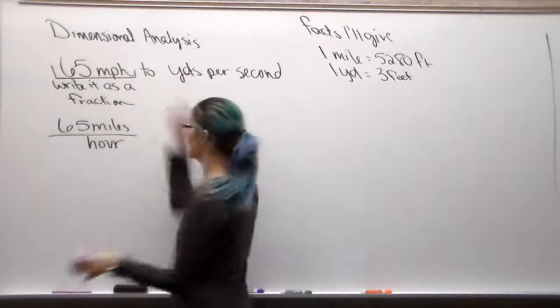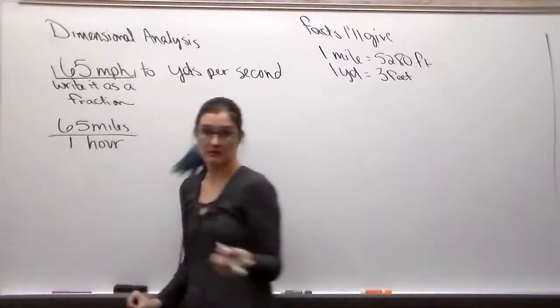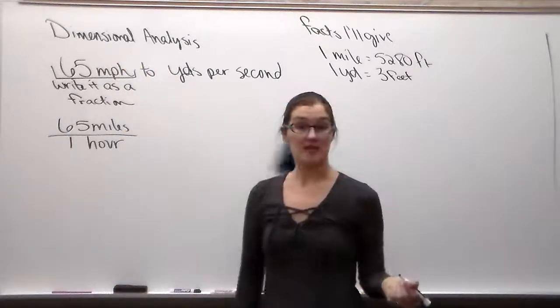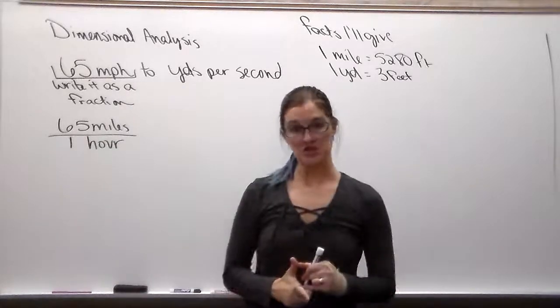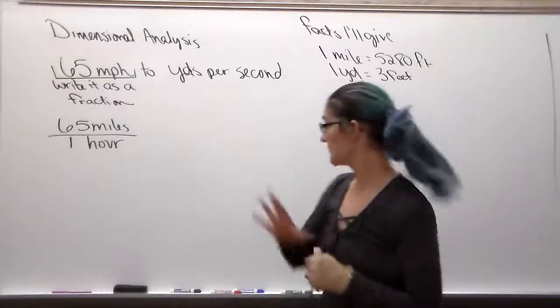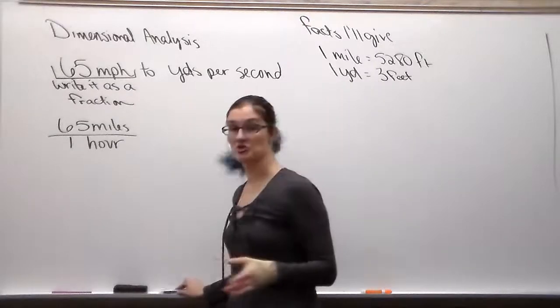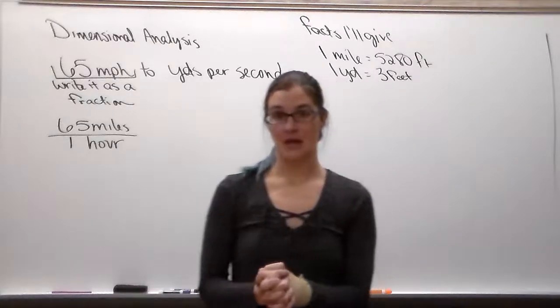Now, if you don't have the second one, I always put it over 1 anyway. But essentially what you're saying is that we can go 65 miles in 1 hour if our speed is 65 miles per hour. So my first thing is to write it as a fraction.